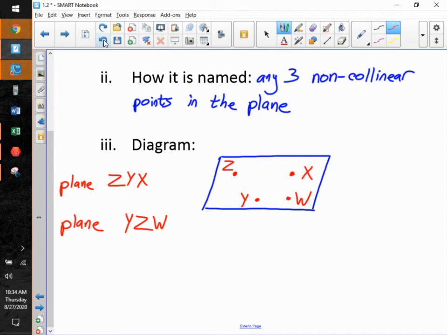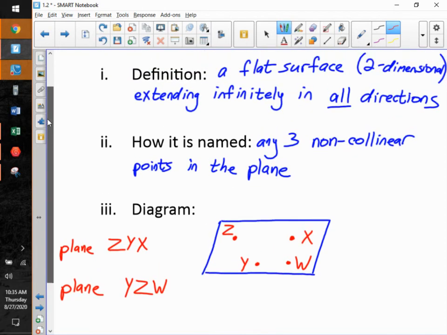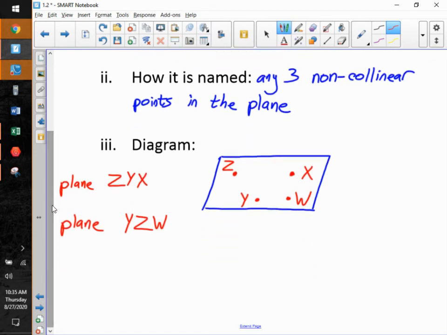Now, the tricky thing about a plane, let me go back to this definition right here that we had up above, guys. The definition of a plane is a flat surface that's 2-dimensional that extends infinitely in all directions. The biggest problem we have with the way that just about everybody draws a plane is that if we think of it as a parallelogram, the problem is that it ends.